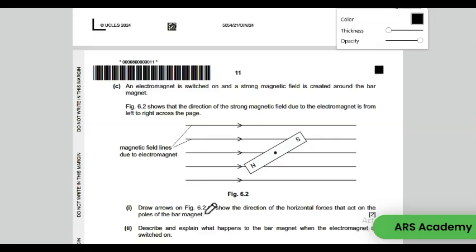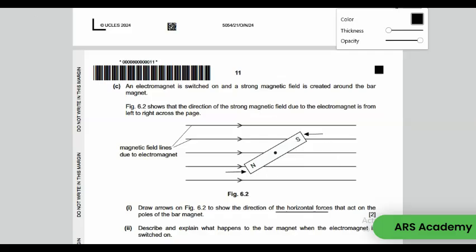When you put the bar magnet inside the magnetic field lines of an electromagnet, the bar magnet is going to turn so that the magnetic field lines will be going out of the north pole into the south pole. And the bar magnet will become parallel to the magnetic field lines. So this bar magnet is going to rotate anti-clockwise. So we will be drawing our arrows like this.